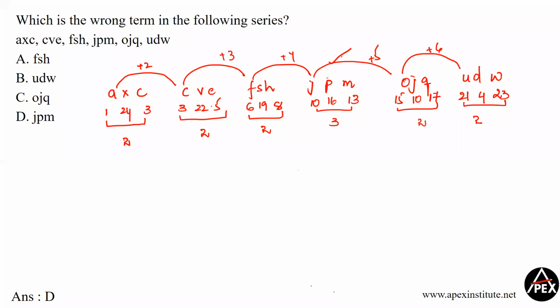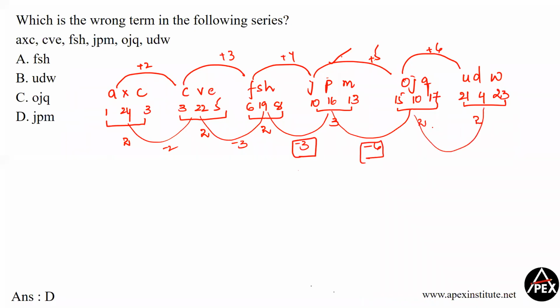Perfect. Now coming to the second alphabet in each term. 24 minus 2 is 22, 22 minus 3 is 19, 19 minus 3 is 16, 16 minus 6. If I observe this, minus 3 here, minus 6 here, and minus 6 here.